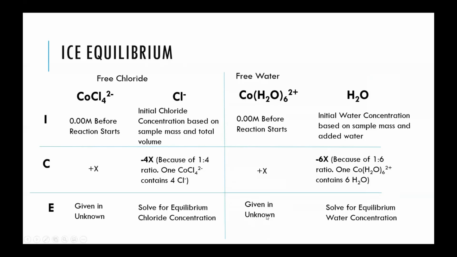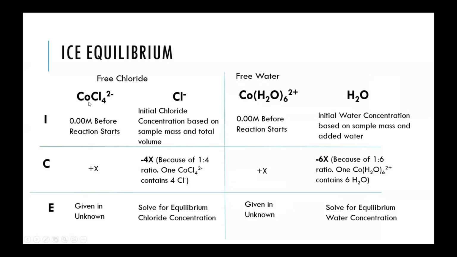Or if you were to measure these in a lab, this is what you would measure: the concentration, or at least the absorbance, and then convert to a concentration of the blue cobalt tetrachloride and the red cobalt hexaaquo complex. In either case, if you start with 0 and now you know the end product, you know the change, how much was added from 0 to get to that value.